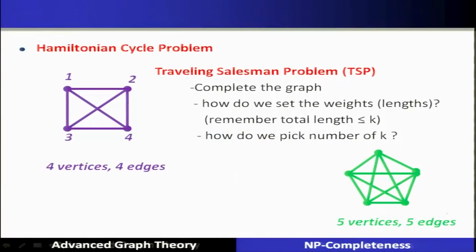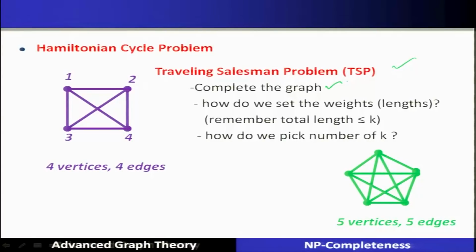So, with this particular difference, if we are given the Hamiltonian cycle problem, then we can convert it into a problem formulation in the traveling salesman in the following manner. We have to first complete the graph, in the sense that the missing edges we have to add so that the graph becomes a complete graph.